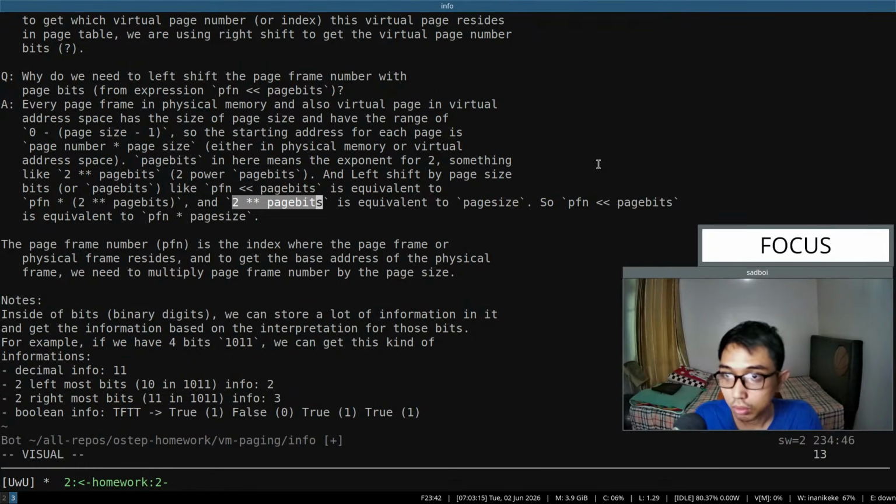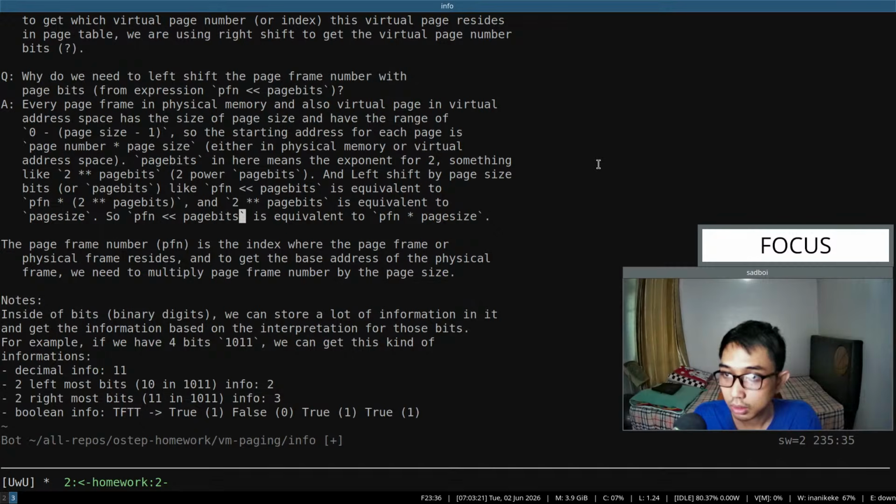And then 2 power page shift is equivalent to page size. So the left shift in here is equivalent to this one.